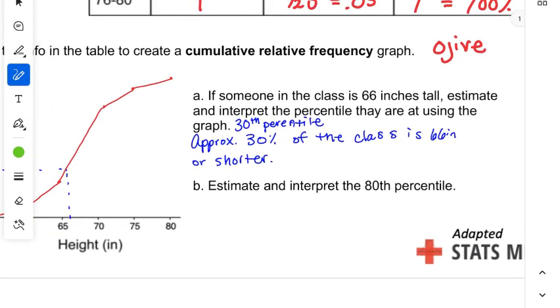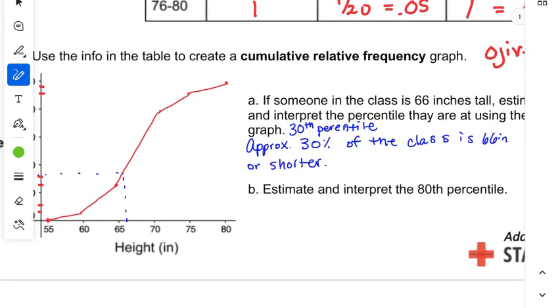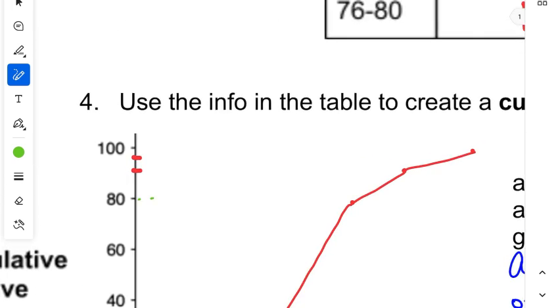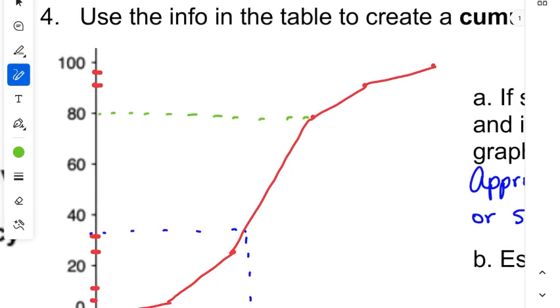Okay, estimate and interpret the 80th percentile. So when we were given height, we started at the x-axis. When we're given the percentile, we're going to start at the y-axis. So go to the 80th percentile. Try to make yourself a straight line across to find a point on the graph.